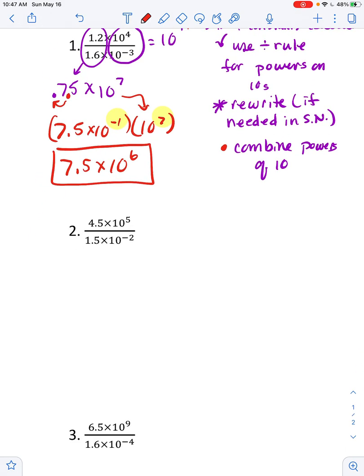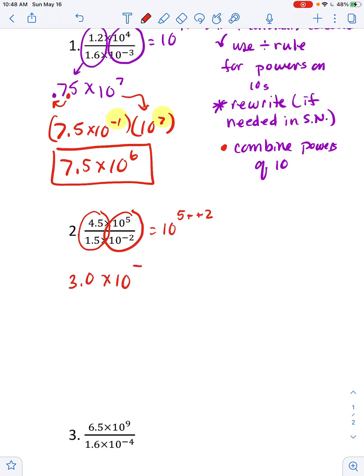All right, let's tackle the next one in the same way. So I'm going to get my calculator out. I'm going to take 4.5 and divide it by 1.5. And I got a 3. So I'm going to go ahead with 3.0. And then here, I'm going to look at my rule and say the top power minus the bottom power, which turns into adding a positive.